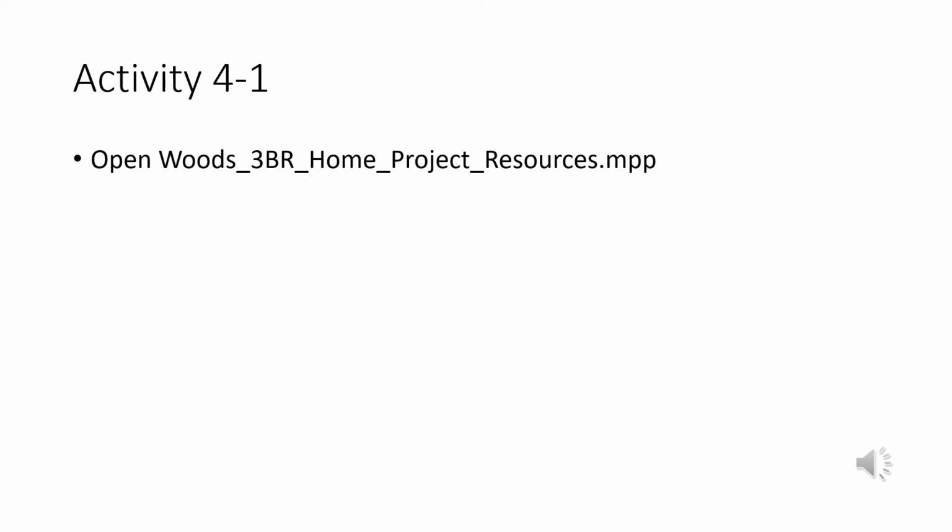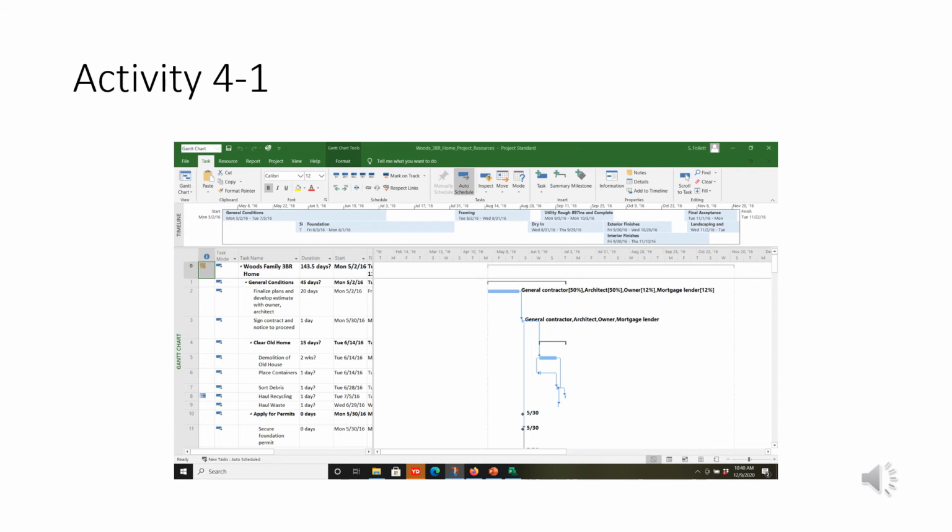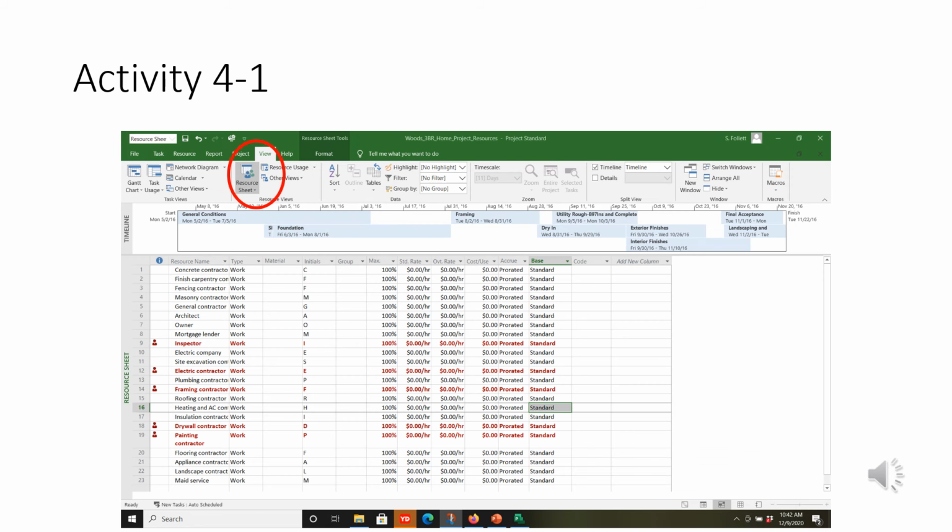Okay, go to the data files and open up the Woods 3-bedroom home project resources MPP. It's in your data files, wherever you put those, look for this file. And this project opens up. Now from the View tab, click on the resource sheet, and this will pop up.